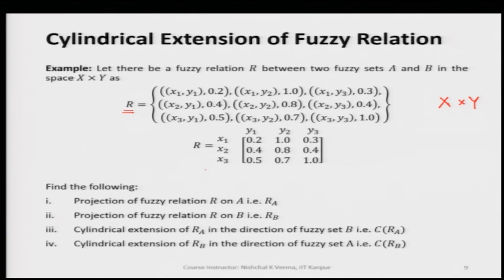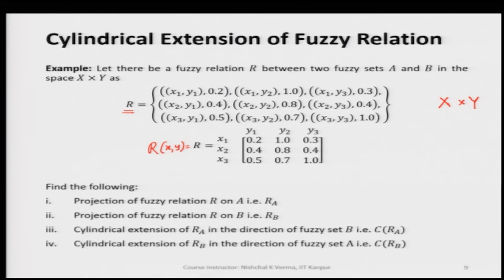So, we have a relation matrix R, which depends on x and y. We see that all the column values are with respect to x 1, x 2, x 3 and all the row values are with respect to y 1, y 2, y 3.